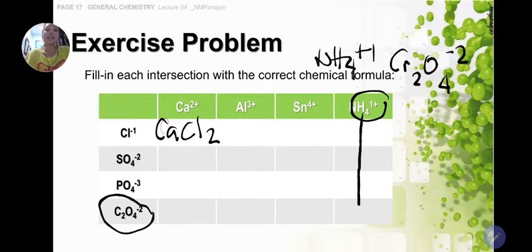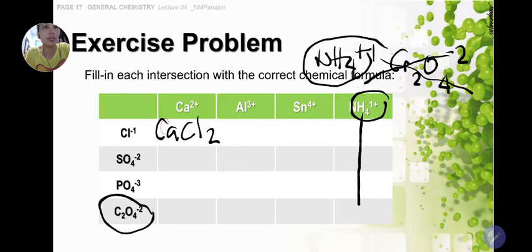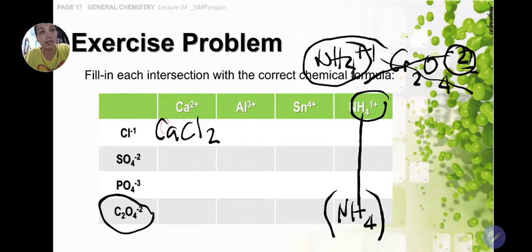So, ano mangyayari dyan? Pagko-cross multiply natin, so for NH4, the whole NH4 ion will have a subscript of 2, which means meron tayong 2 atoms of ammonium ion, which is like this. NH4, that is the whole ammonium ion. Lalagyan natin ng parenthesis siya para ma-distribute natin yung superscript.